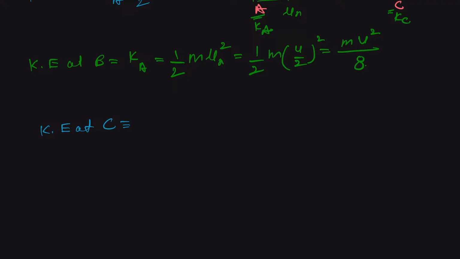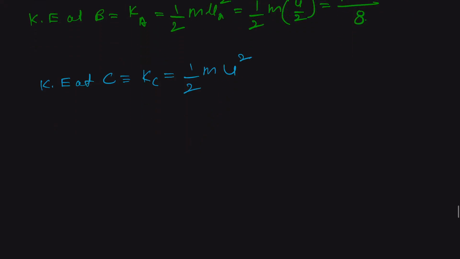So Kc is equal to half m u square, and we have to find (Kc minus Kb) upon Ka.